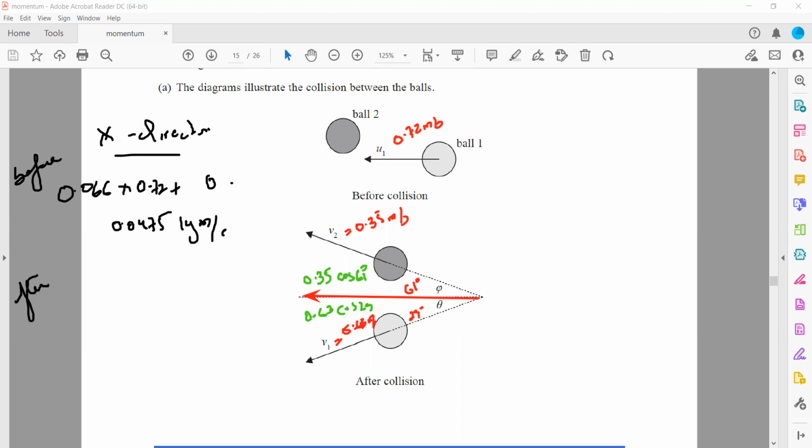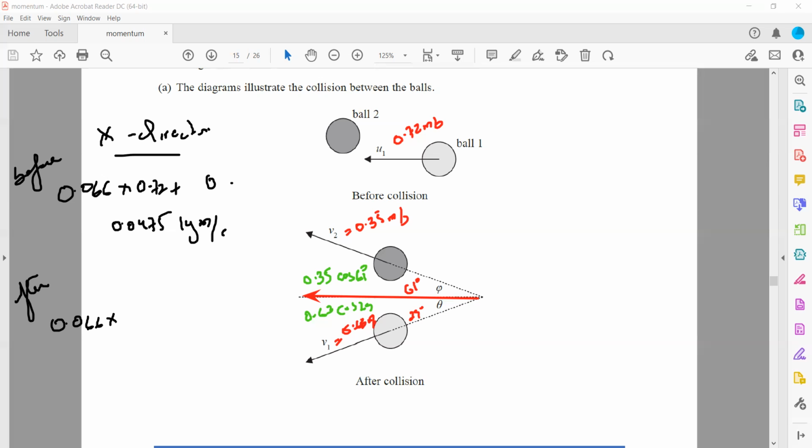Then for after the collision, ball 1 and ball 2 will move making certain angles, but we only take the horizontal component. Each ball has the same mass, 0.066, multiplied by the speed at which ball 1 moves after the collision.